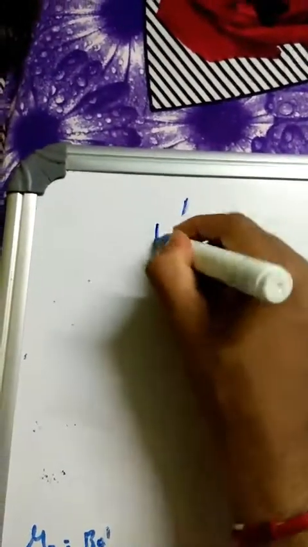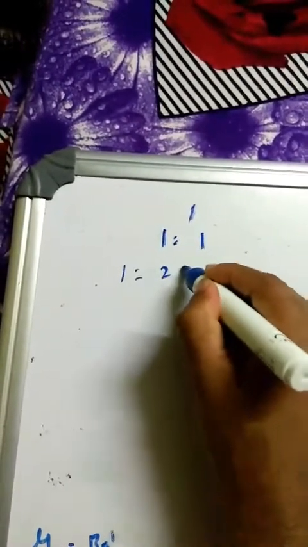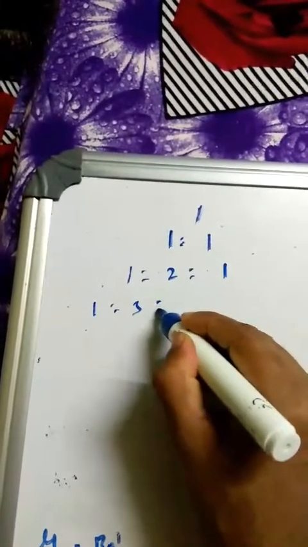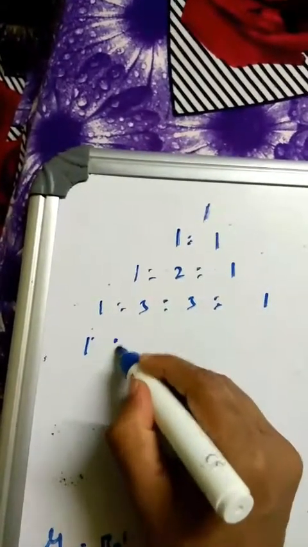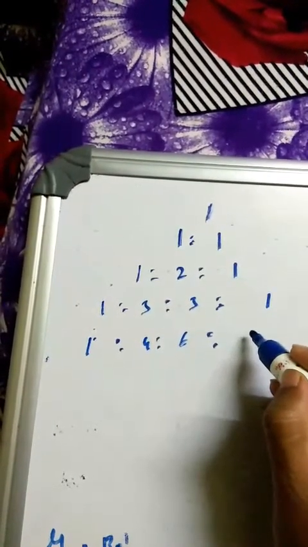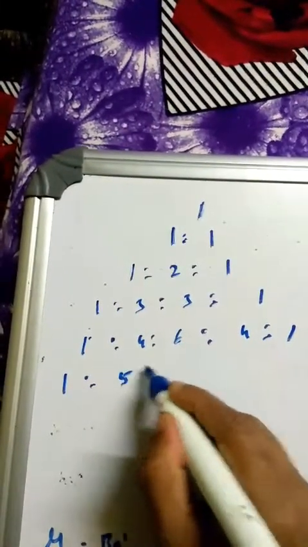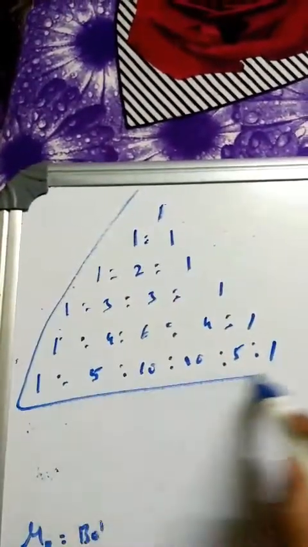So 1, then 1:1, then 1:2:1, then 1:3:3:1, then 1:4:6:4:1, then 1:5:10:10:5:1 like this. So this triangle we call a Pascal triangle.